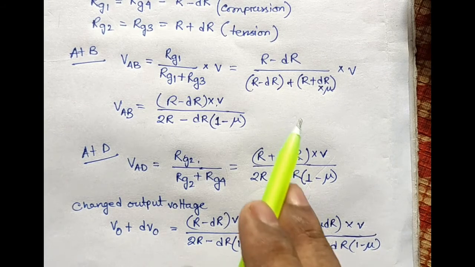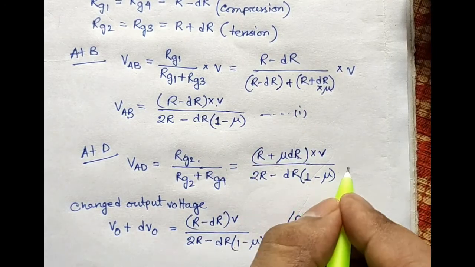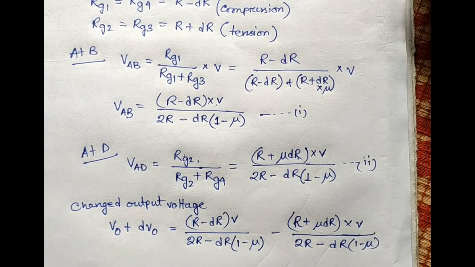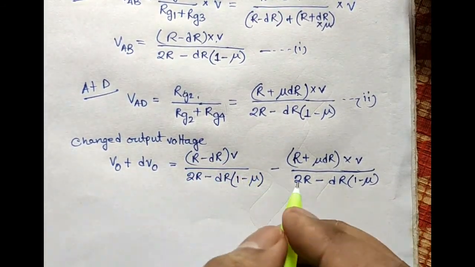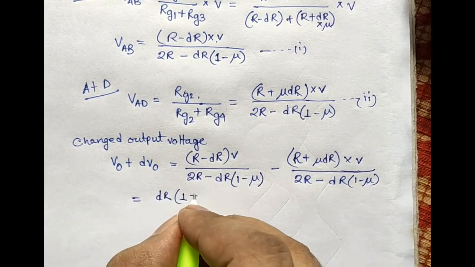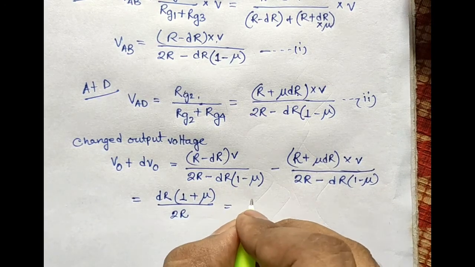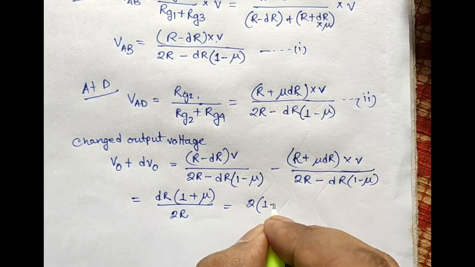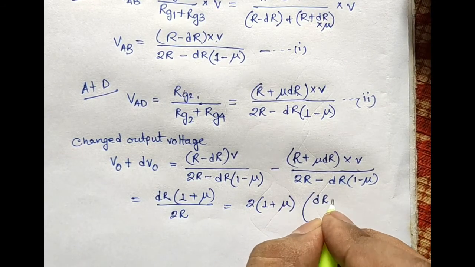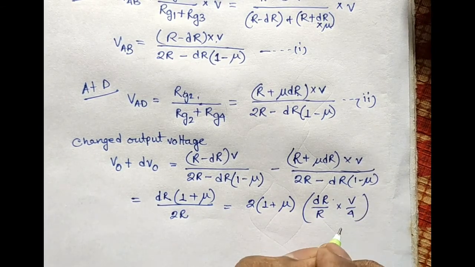If we consider this as 1 and this as 2, combining these two we get this value. Solving this, it becomes dr times 1 plus mu over 2R, and if we simplify it again, it becomes 2 times 1 plus mu times dr by R into V by 4.